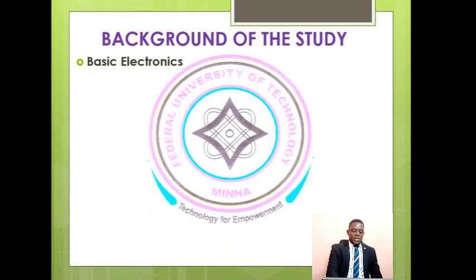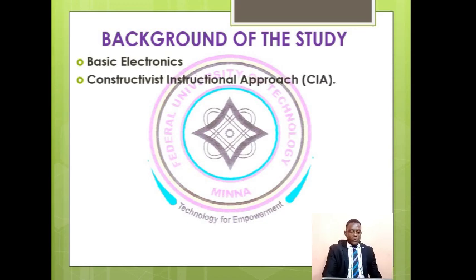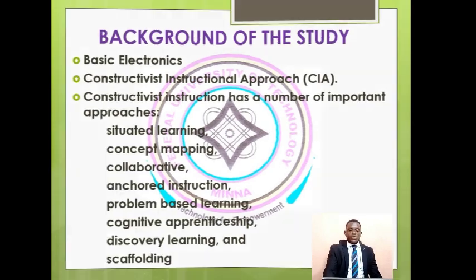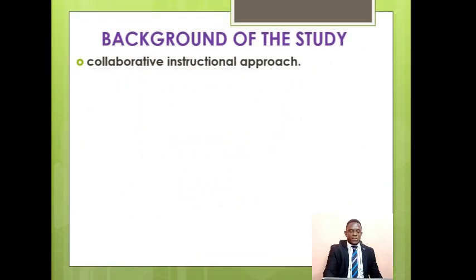All right, so the background of the study, I will not bore you with much of the information about that because that's not the main crux of the matter. But I define what basic electronics is. I presented also what constructivist instructional approaches, or CIA, means, and I gave examples of such constructivist instructional approaches, which included these ones that you have on your screen.